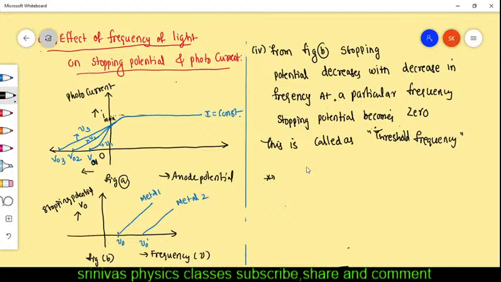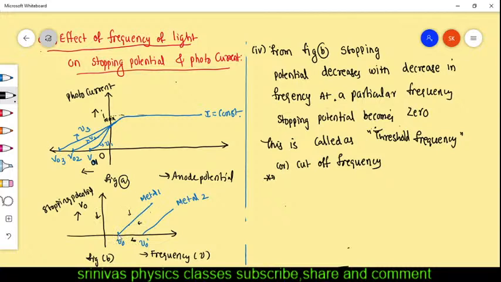You see the figure here. Threshold frequency or the cutoff frequency, we said. From figure B, when you go to the left side, frequency decreases, then the graph goes down.